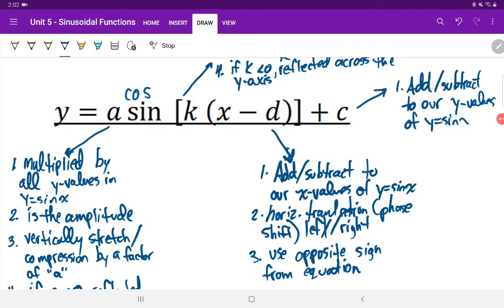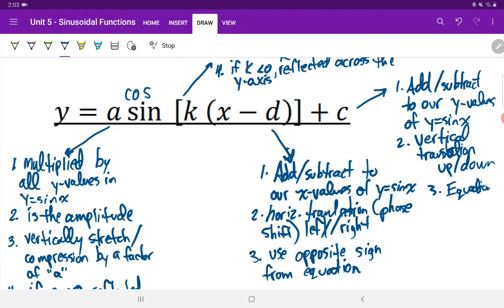It's called the vertical translation, up or down. And one of the tricks here is that our C value is actually our equation of axis. It's the same thing as our equation of axis. Okay, important to note.